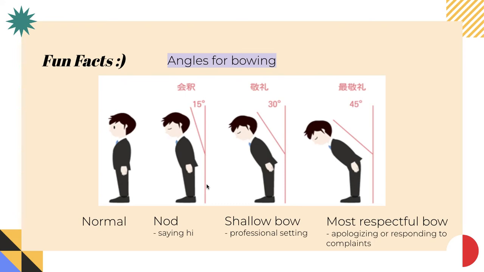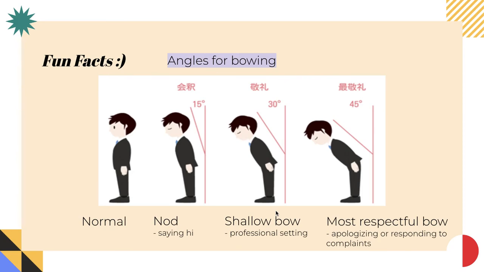You would use this when you're saying hi or just saying good morning, good evening, those casual ways to greet people. And then for the 30-degree angle, we call this a shallow bow. This is mainly used for professional settings.